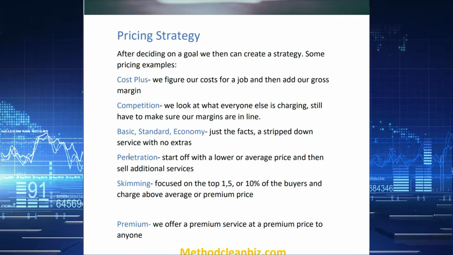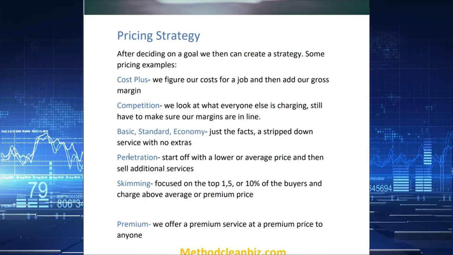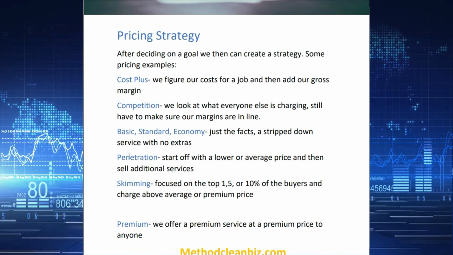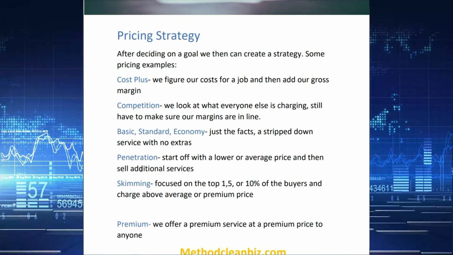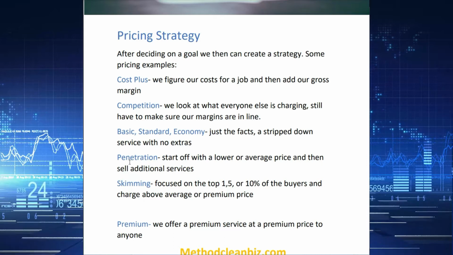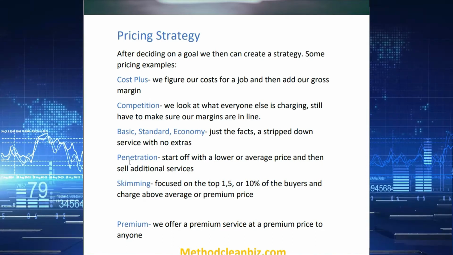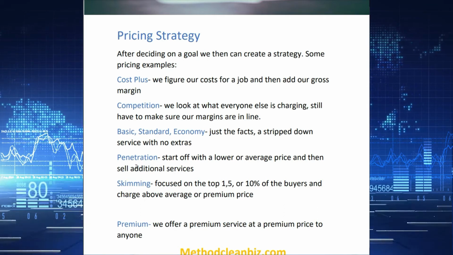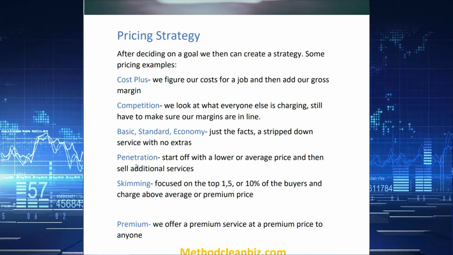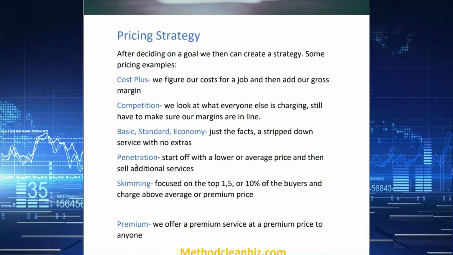Penetration. This is common and can be a real trap, a honey trap for startups. And we see this constantly in the cleaning industry, that people start off with these really low prices and then sell additional services in order to survive.